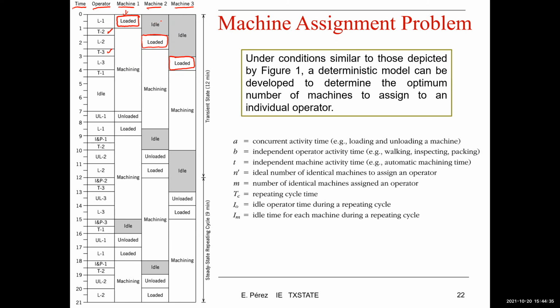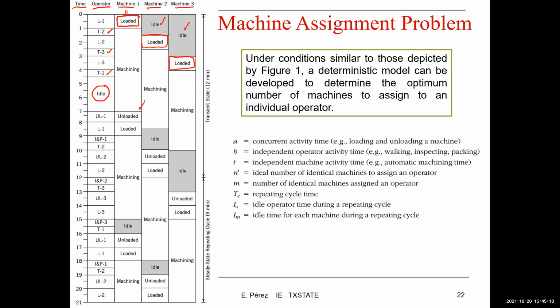So as you can see, having only one operator is causing these 2 machines to be idle for some time. And then once the processing starts for all the machines, the operator will go back to the station, and he'll be idle for some time until this machining is completed. And then the process is started again.